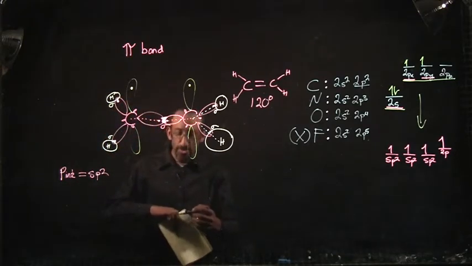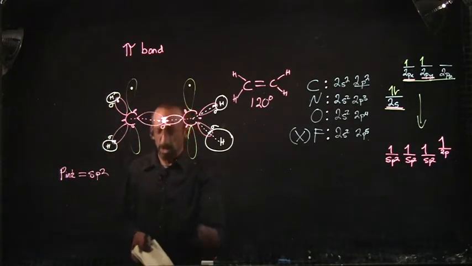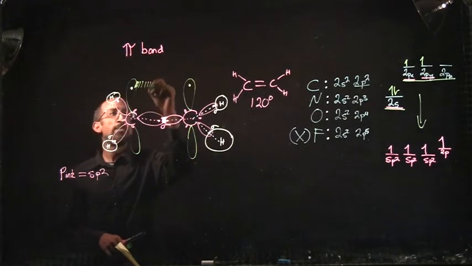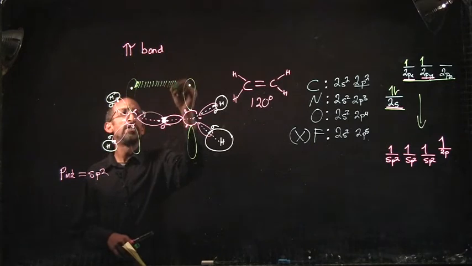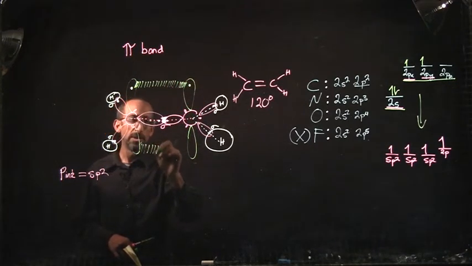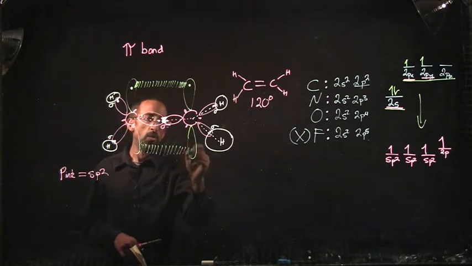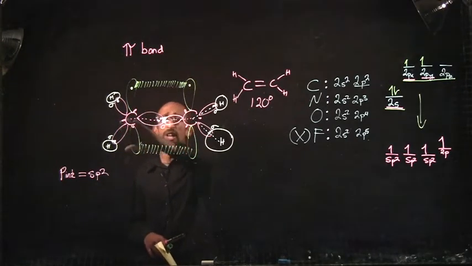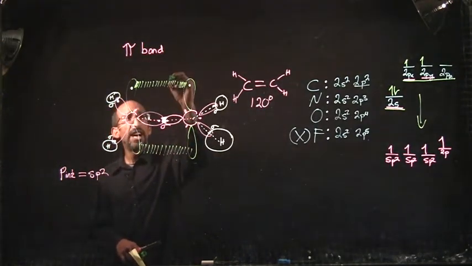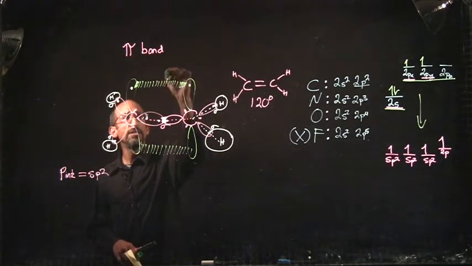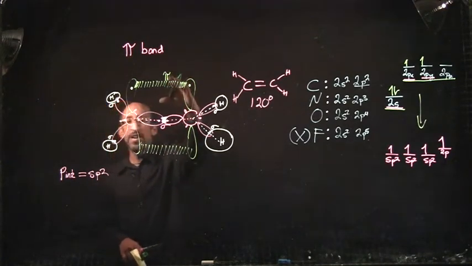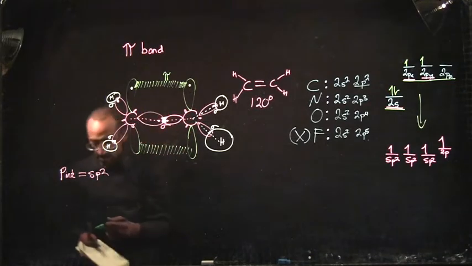All that's left for us to do is to make our pi bond. So our pi bond is overlap between the 2 unhybridized p orbitals, which occurs above and below the line connecting the 2 carbon nuclei. This now is our pi bond. Half of it is above and half of it is below.